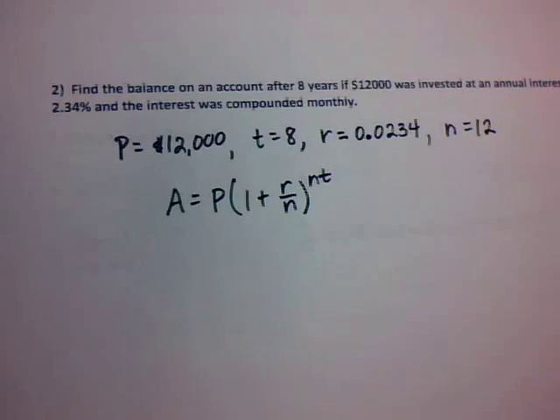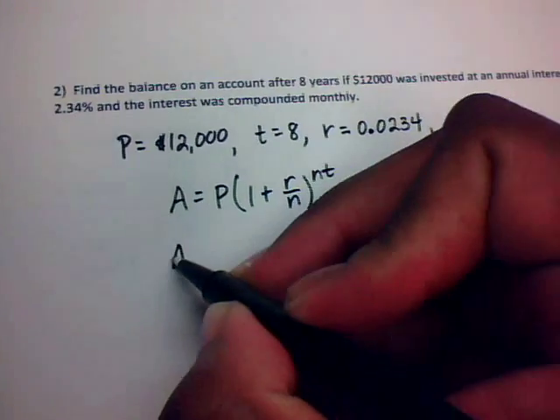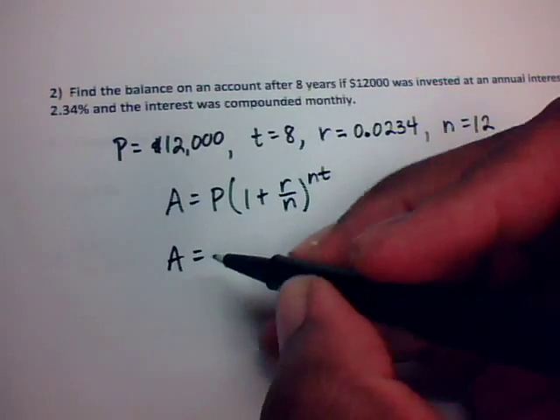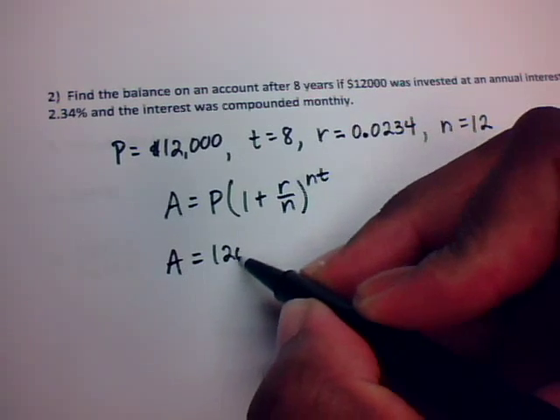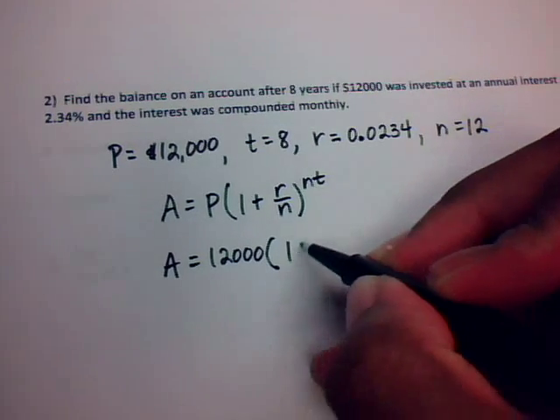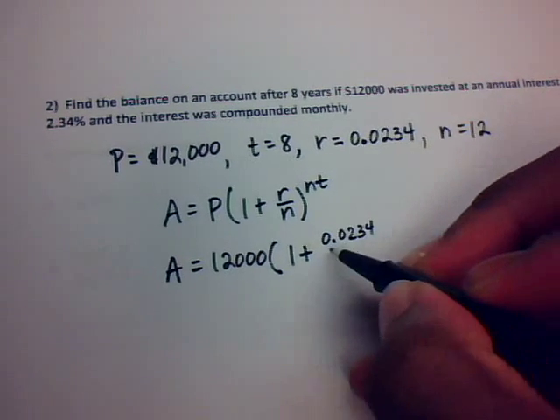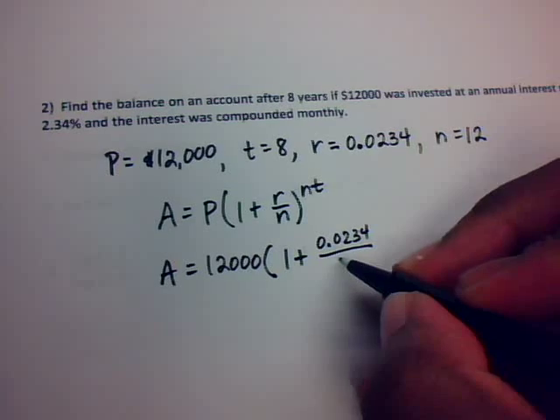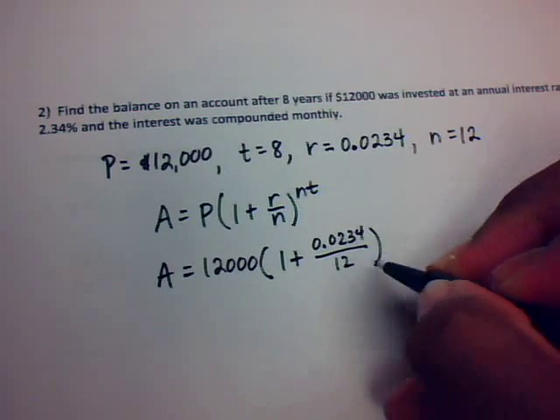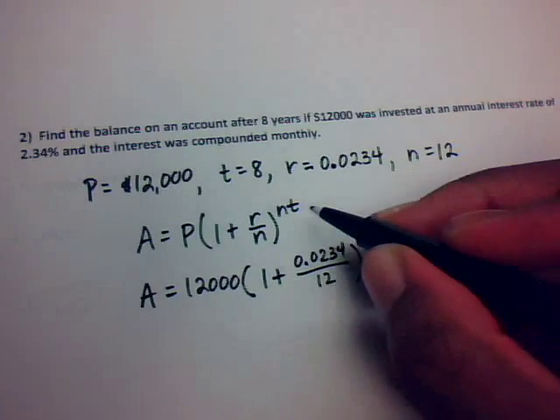So all we need to do here is just go ahead and substitute those values in. So here we've got A is equal to P, which is 12,000, times 1 plus r, which is 0.0234, over n, which is 12. And that quantity is going to be raised to the n times t.